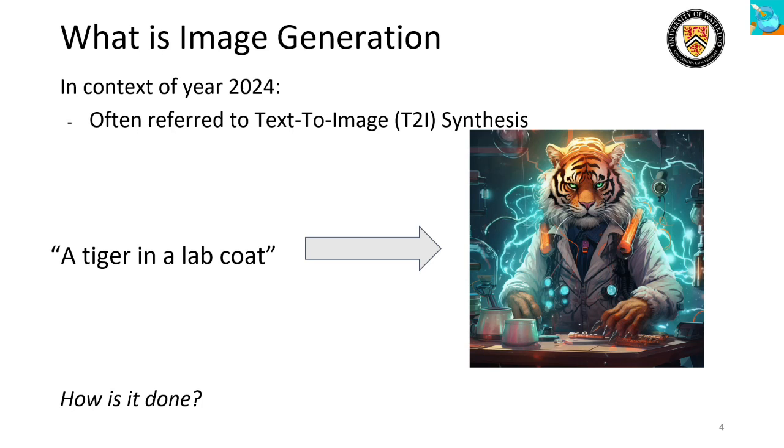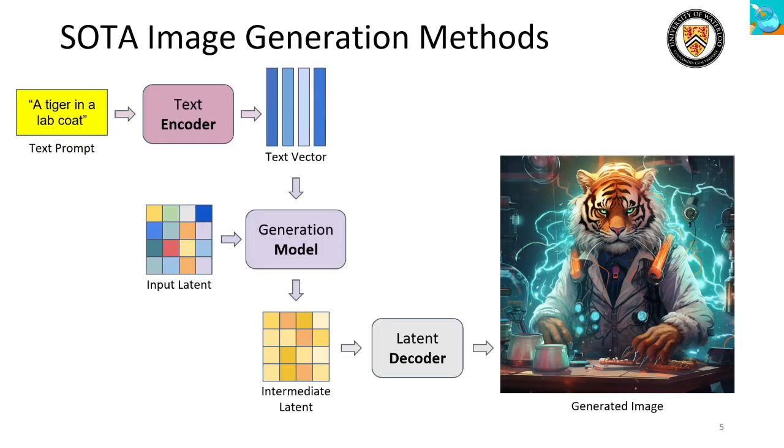So how is it done? For state-of-the-art image generation methods, they actually follow a similar paradigm. In particular, they have 3 major components, including a text encoder, a generation model, and a latent decoder. In detail, you will first have a text prompt. By feeding the text prompt into the text encoder, you get the text vector.